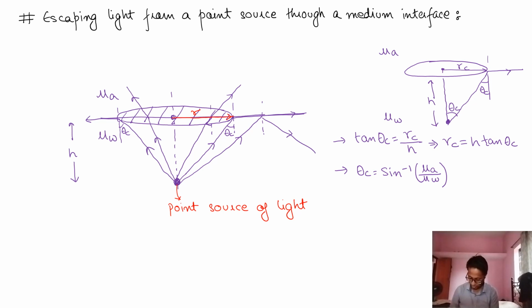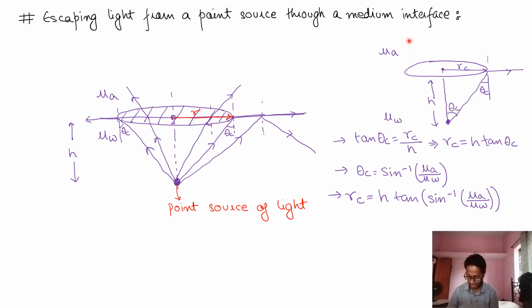If I substitute this theta c here, the radius of the circle through which the light is escaping is h, the depth of the light source from the surface of water, into tan of sine inverse of refractive index of air divided by refractive index of water. So just remember: R_c, the radius of the circle, is equal to depth of light source into tan of critical angle.